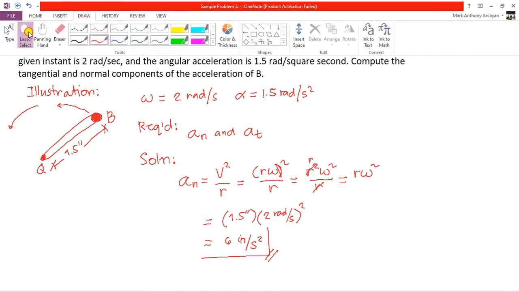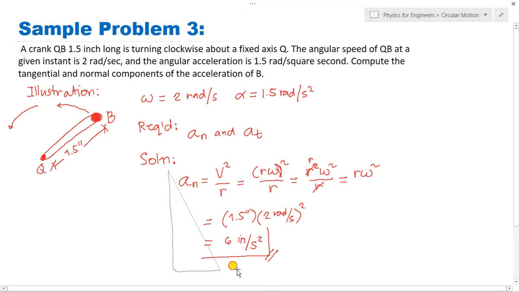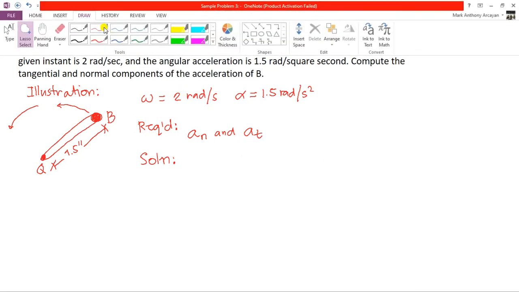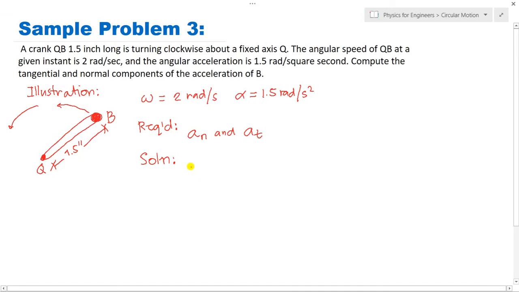How about our tangential acceleration? Recall again the formula for tangential acceleration. The tangential acceleration is just equal to the radius times the angular acceleration, which is alpha. Since alpha is already given, plug in the values.